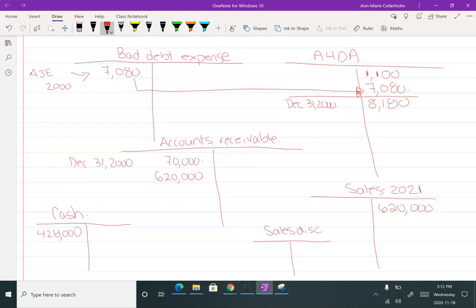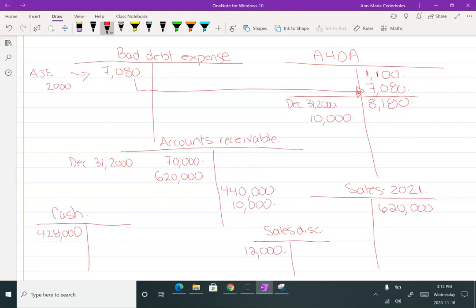So I debited my sales discounts of $12,000. And then I credited my accounts receivable by $440,000. And then I did a write-off, which was my allowance for doubtful accounts of $10,000. So I made a debit there. And then my accounts receivable, I decreased by $10,000.